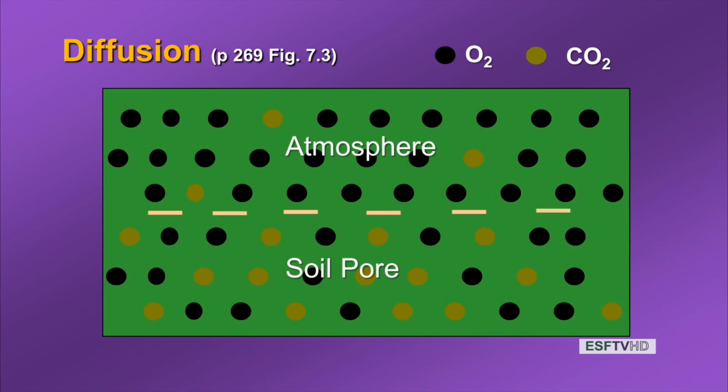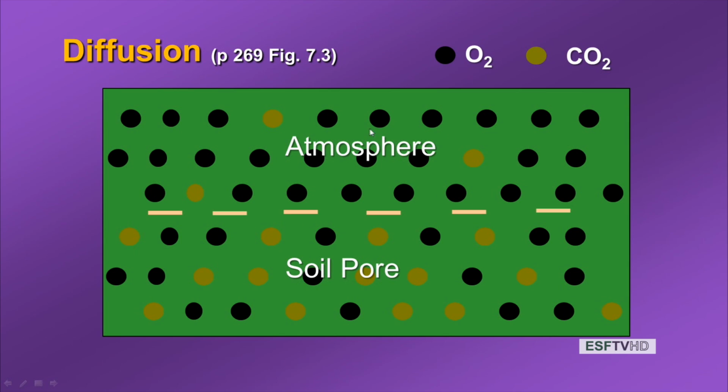What is diffusion? Okay. So here's a picture out of the text, right? It shows the concept behind diffusion, the movement of molecules against a gradient. So we have on top the atmosphere, okay, and we have soil pores, and here's the soil interface. This dashed line represents the soil. And it shows the concentration.